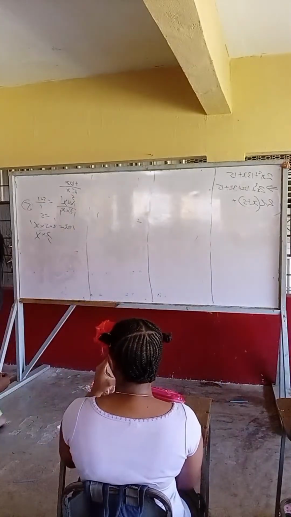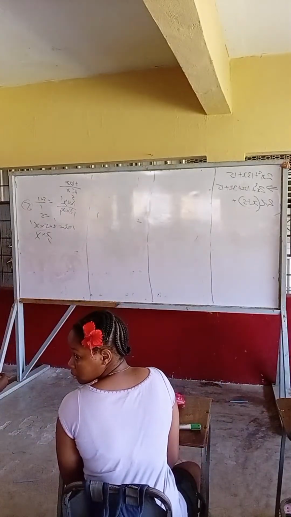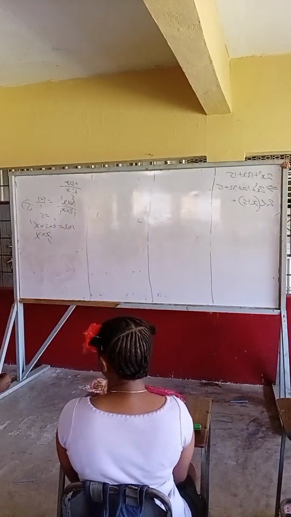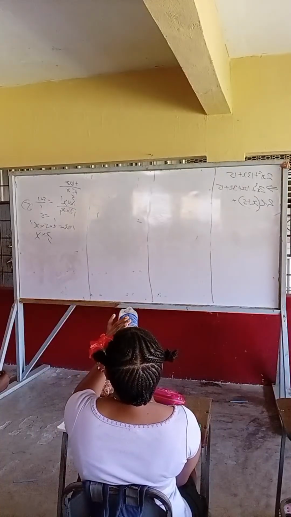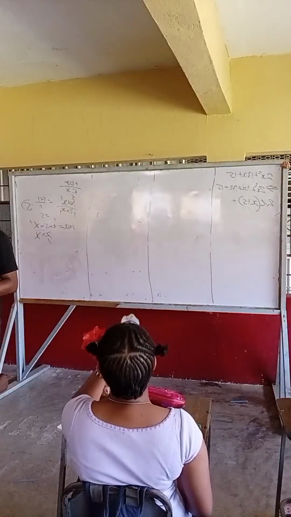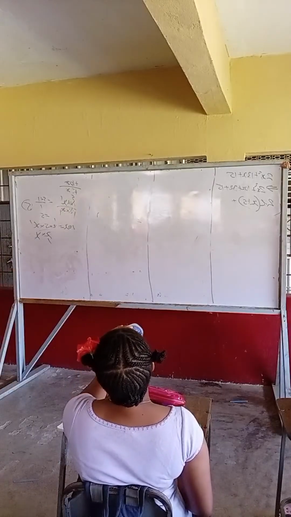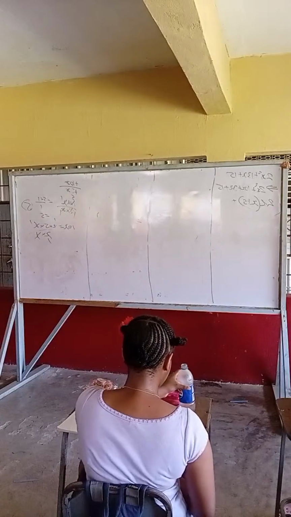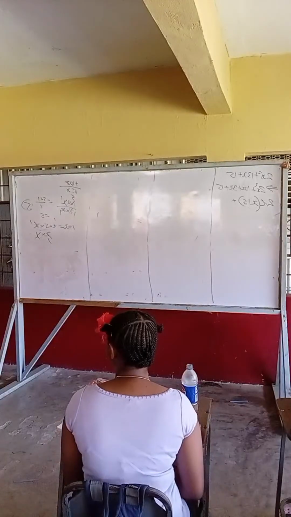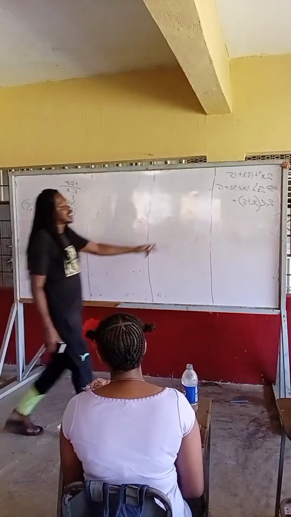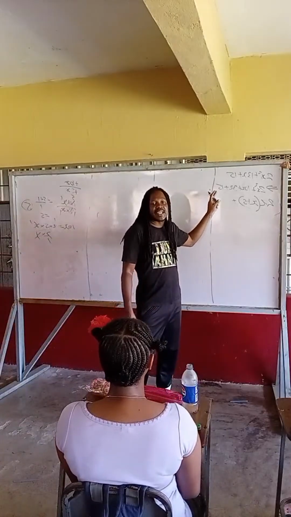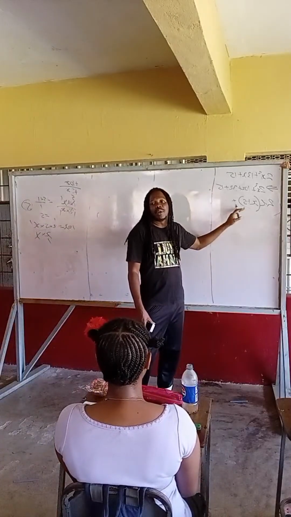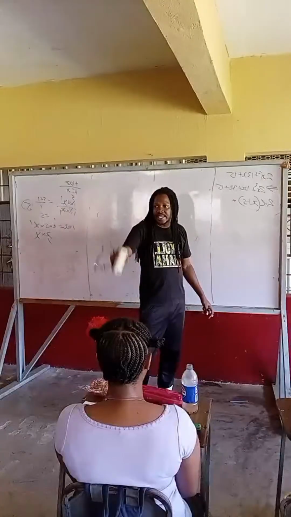Positive. When multiplying and dividing, if the signs are different, what's the result? Negative. So to keep the positive sign, I must be dividing it by a positive number. Everybody understand that?